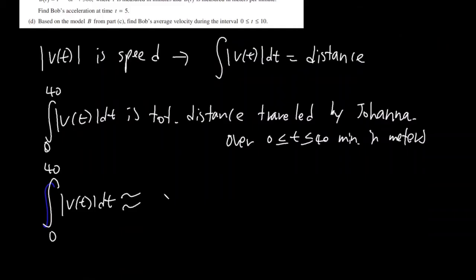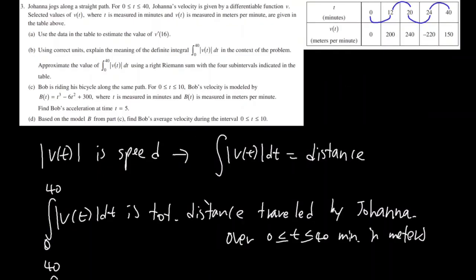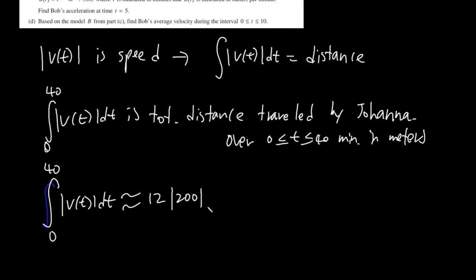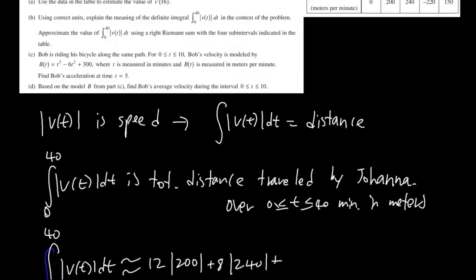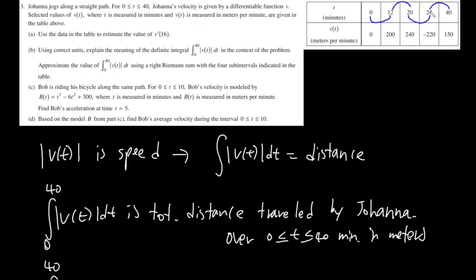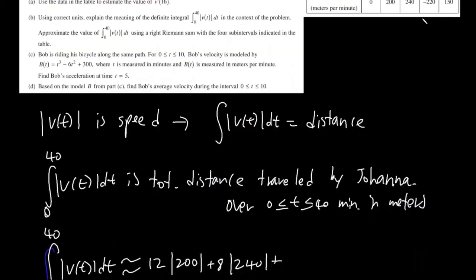So we're going to have 12 times the absolute value of 200, plus the difference between 12 and 20, which is 8, times the absolute value of this right one, which is 240, plus the difference between 20 and 24, which is 4, times the absolute value of this right point, which is negative 220.